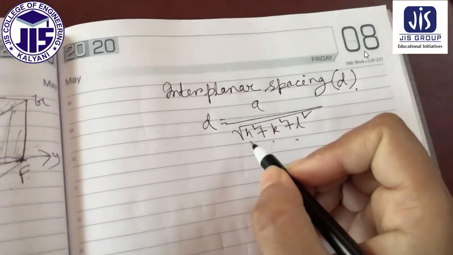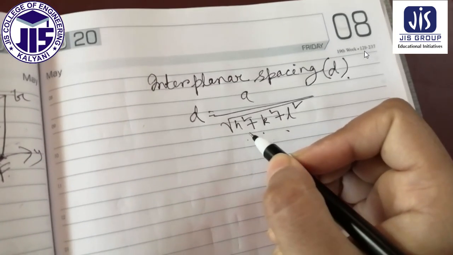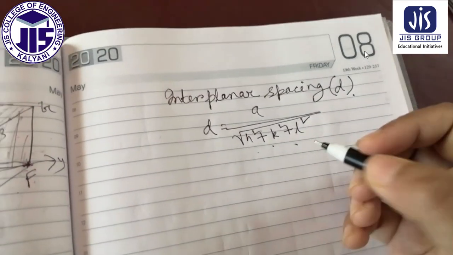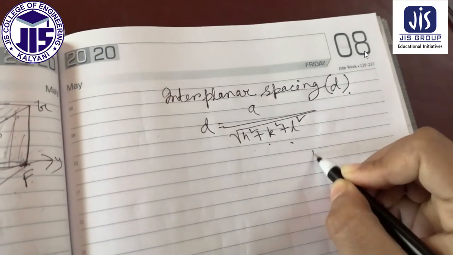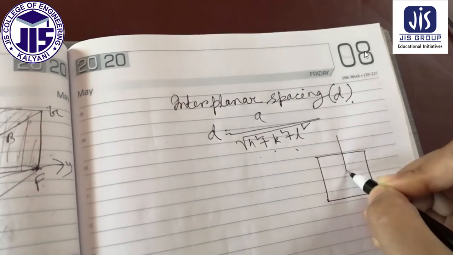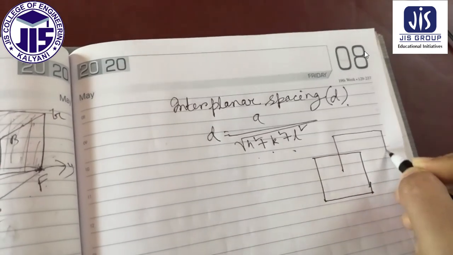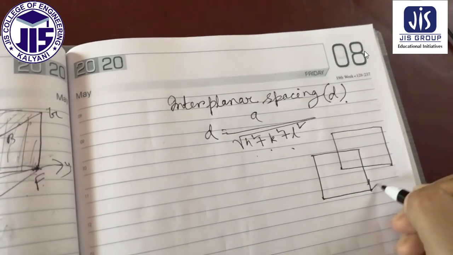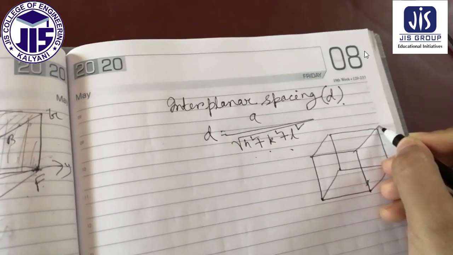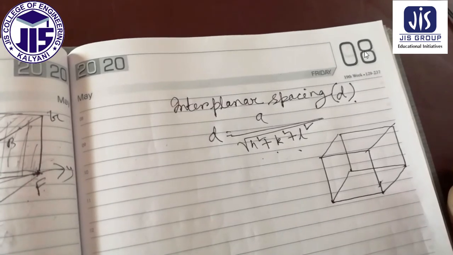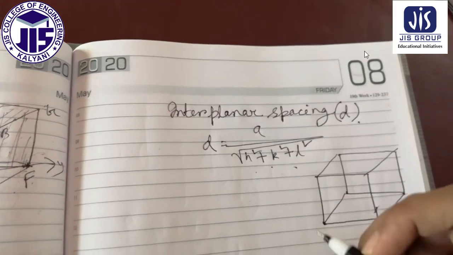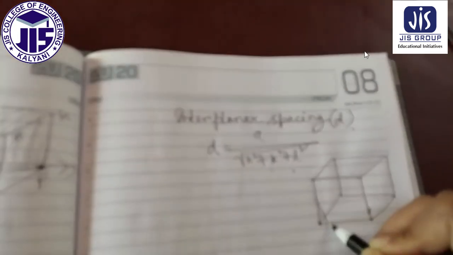Before we prove this expression, let me explain what interplanar spacing is. To do it, first we have to draw this cube. This is the cube, and this is the first plane.